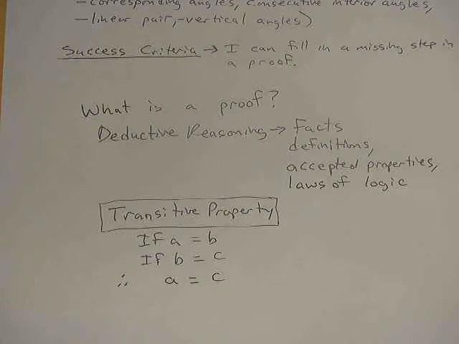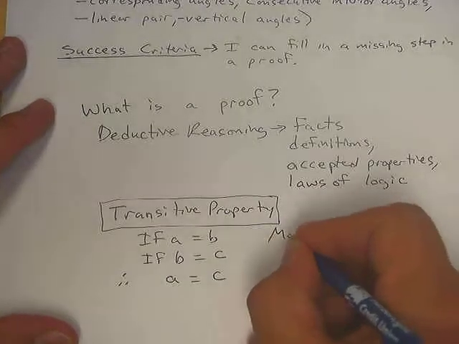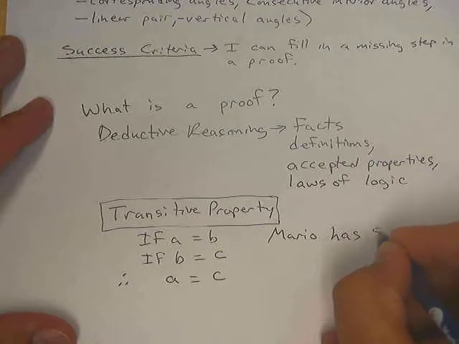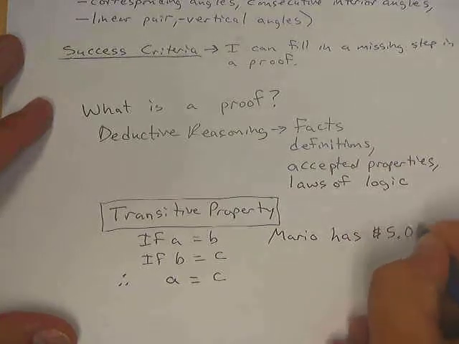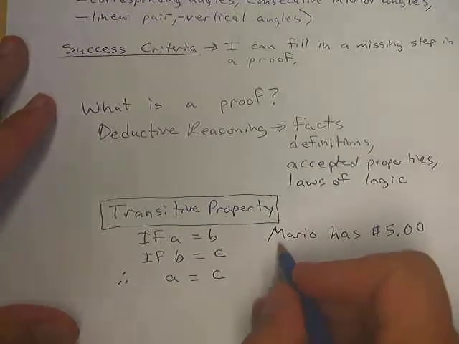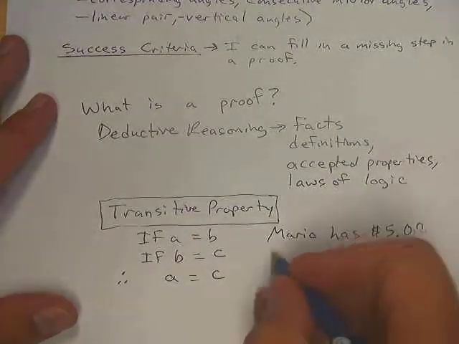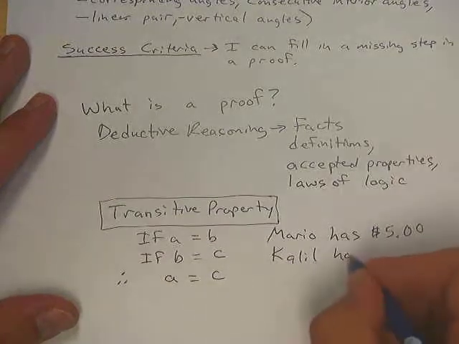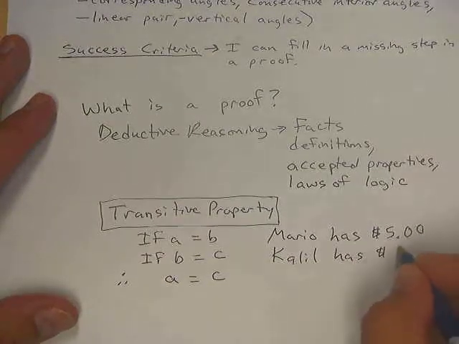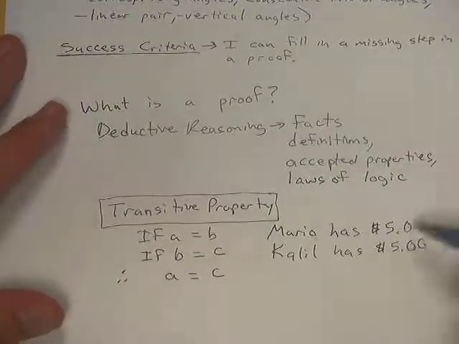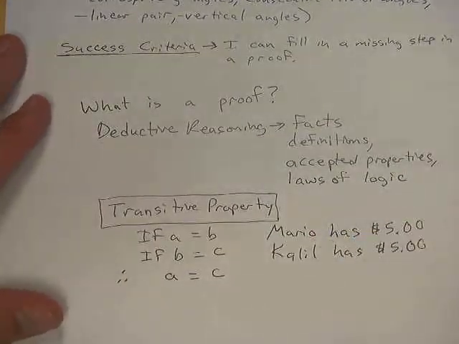So let's say I made up some stuff. Let's say Mario has $5 on him, right? And let's say Khalil also has $5. What do you know about that?